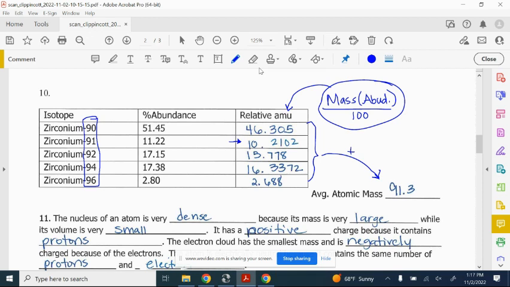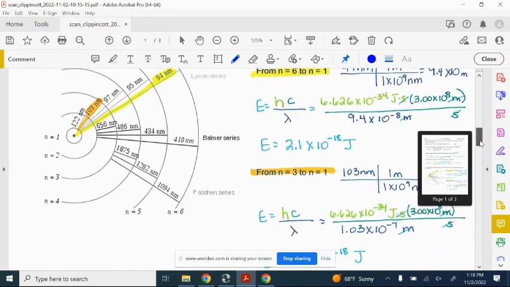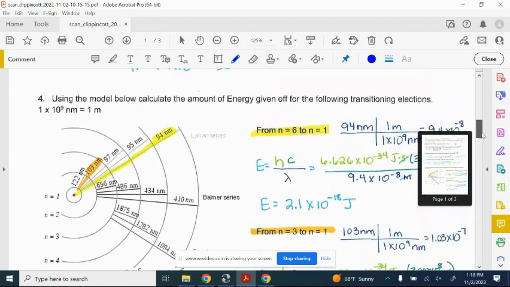And 92 times this divided by 100. 94 times this divided by 100. 96 times this divided by 100. On the test, are you counting sig figs for that? No, just give me to the tens place is fine. Now I am counting sig figs on these problems.